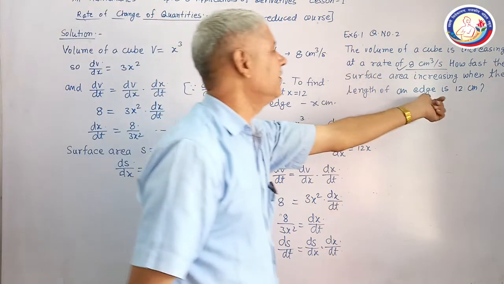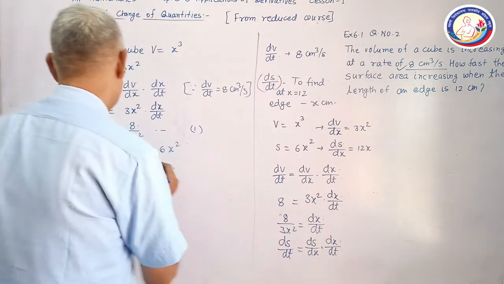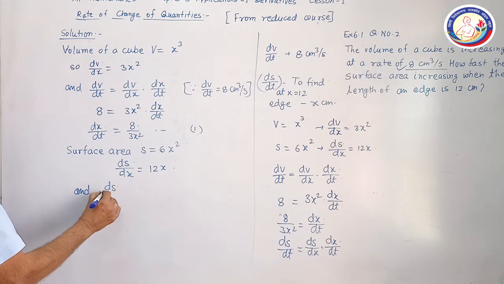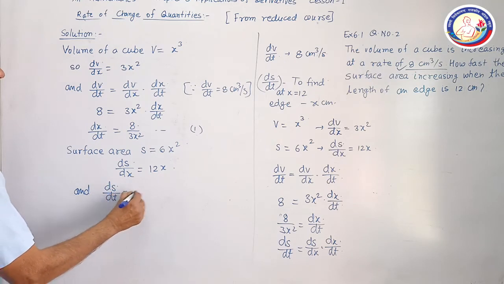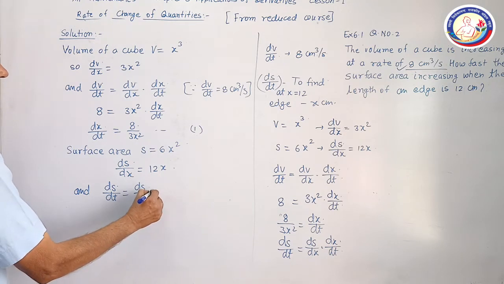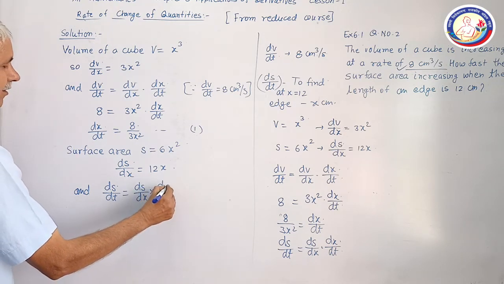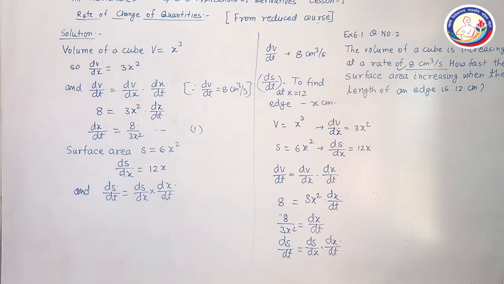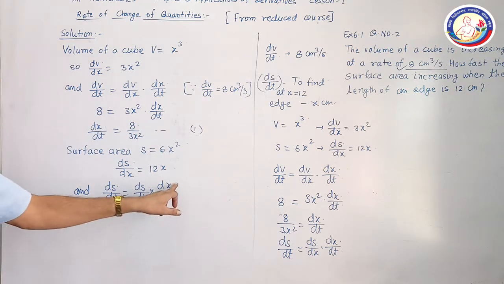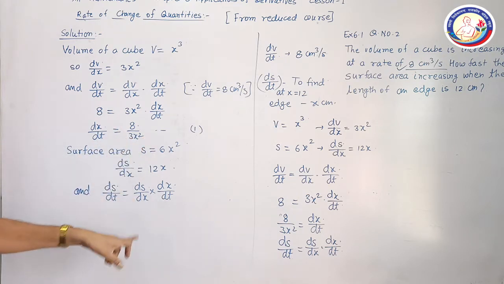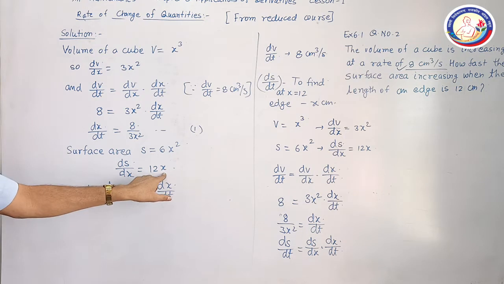We have to find this. ds by dt is equal to ds by dx into dx by dt. dx by dt from relation 1 we have already found, and ds by dx is 12x.